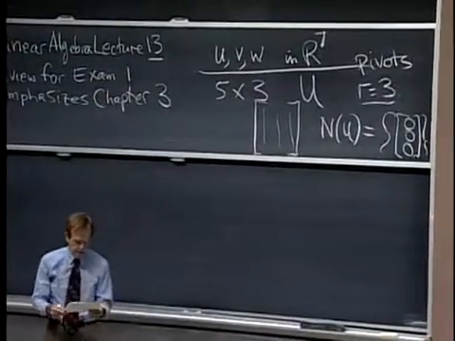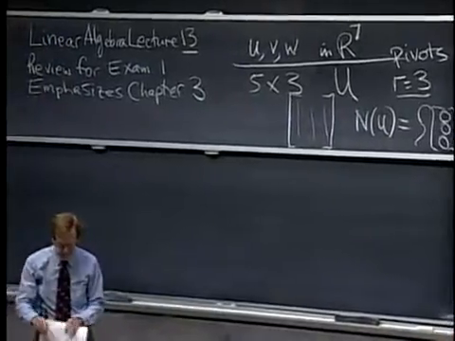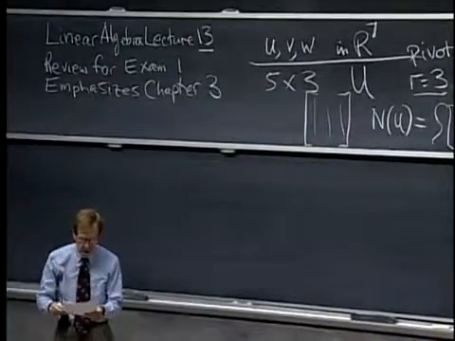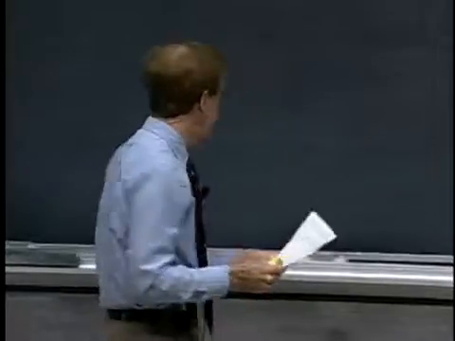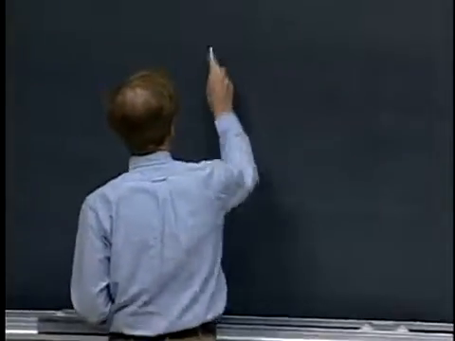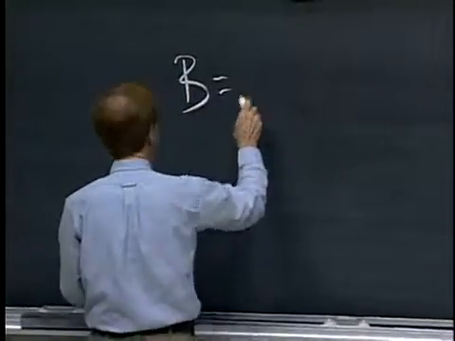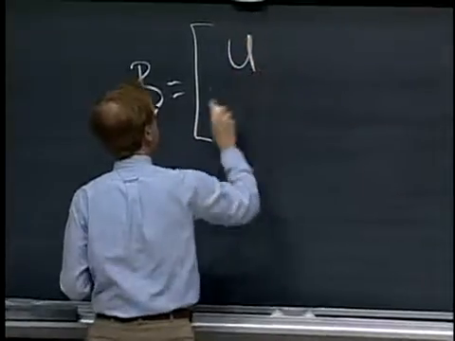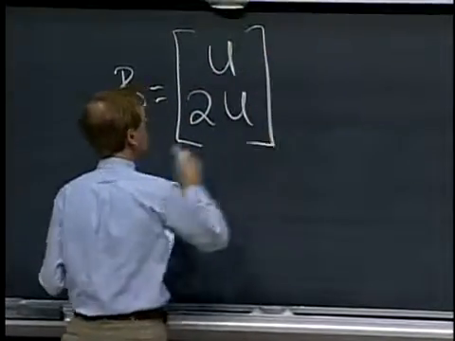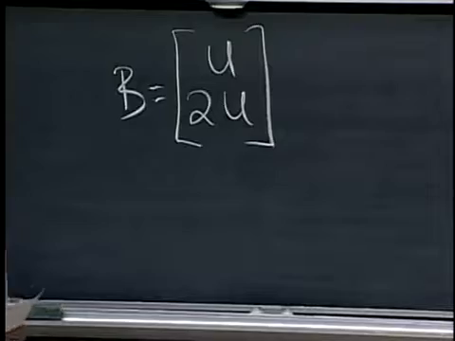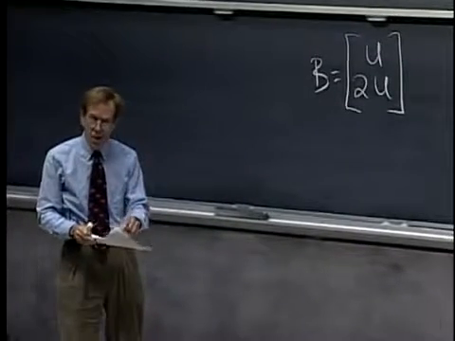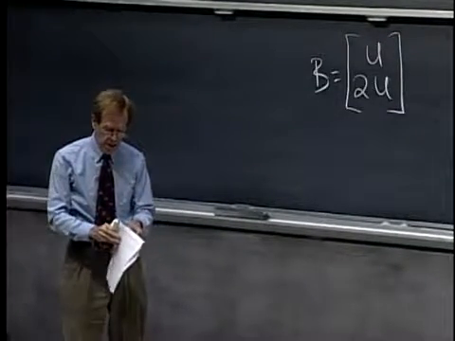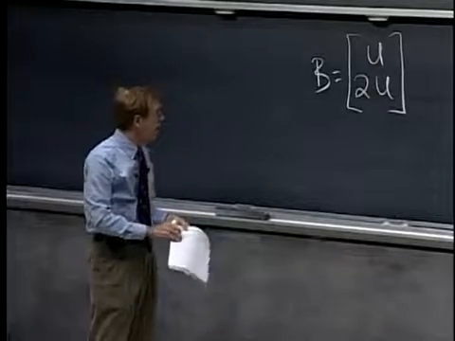It has multiple parts. Now it asks you about a 10 by 3 matrix, B, which is the matrix U and 2U. Actually, I would probably be writing R here now.